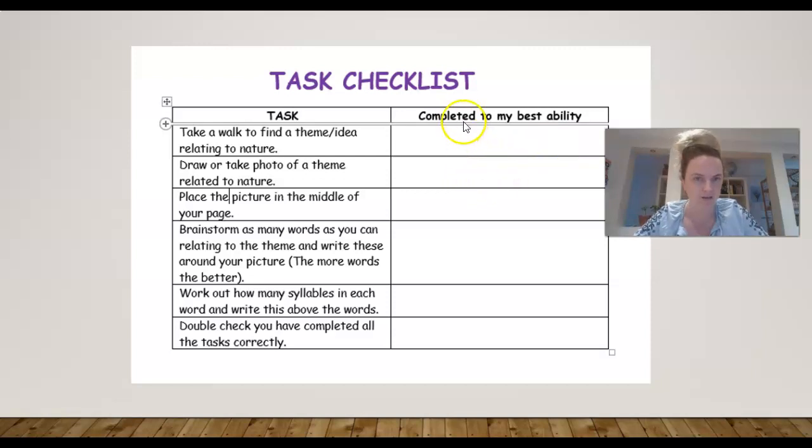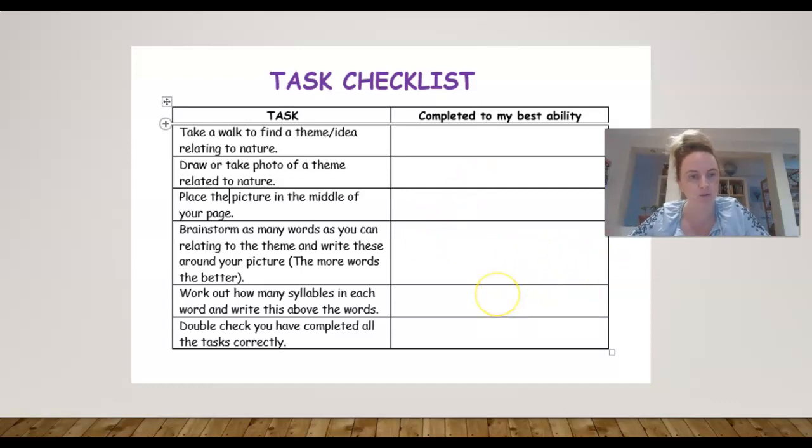Now, the other thing I'm going to say is you need to make sure that you've completed these things to your best ability. The next task is place the picture in the middle of your page. You might be doing this in your book, on a piece of paper, or on Seesaw and then sending, it's your choice.